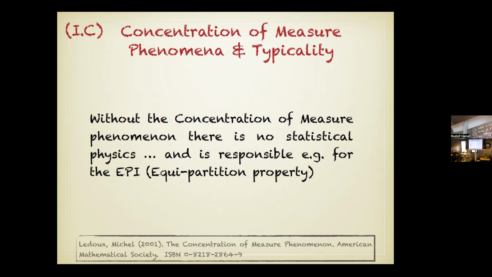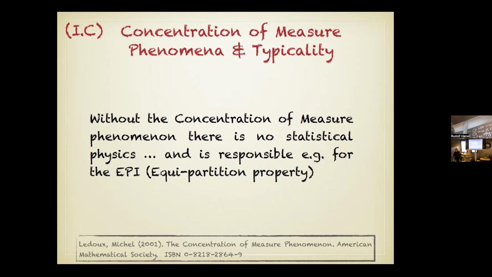So yeah, you take the sphere, you take an epsilon distance shell at the surface, and then you let n go to infinity. Then this epsilon region contains almost all of the volume. So that's a funny thing.